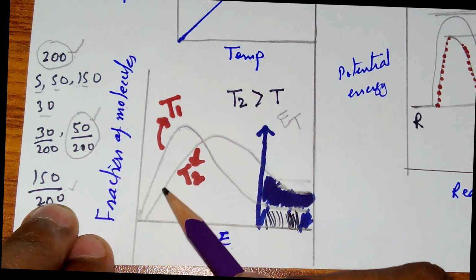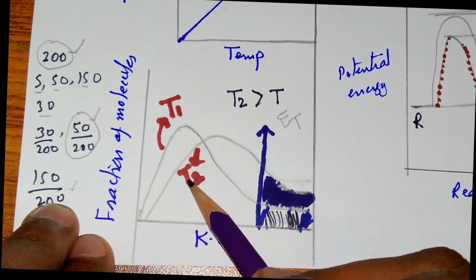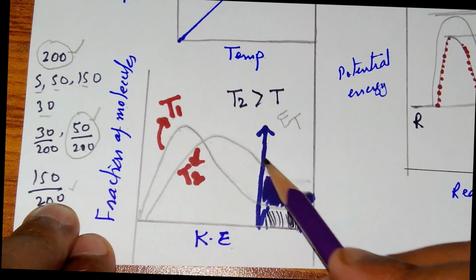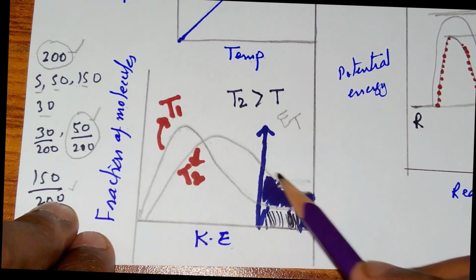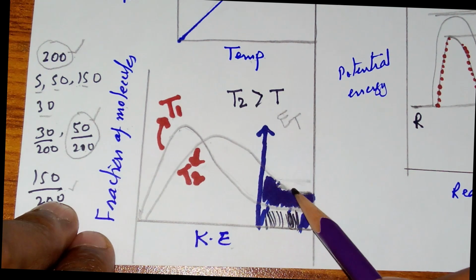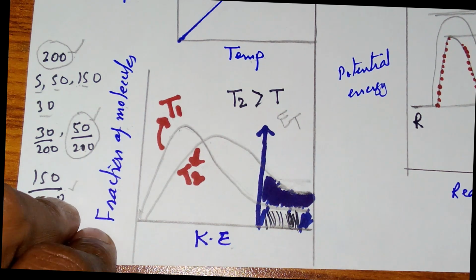But when we have graph 2, at the T2 temperature, you can see that the space between this graph and this horizontal line is very big.